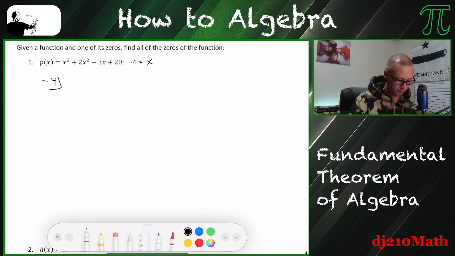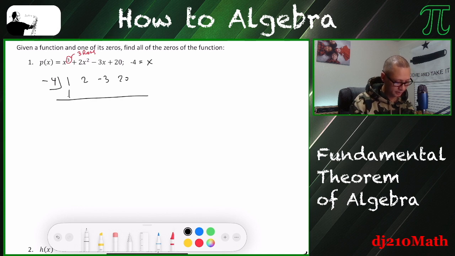When you bring down the coefficients, we always check to make sure the variables are in descending order: x cubed, x squared, and then x. Since it's x cubed, there are going to be 3 roots. Whether they're real or complex, we will definitely find them. We're given 1, so let's find the other 2. So 1, 2, negative 3, 20.